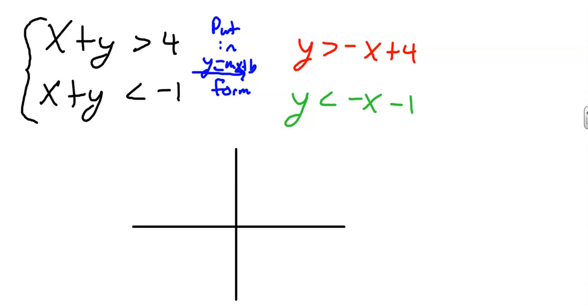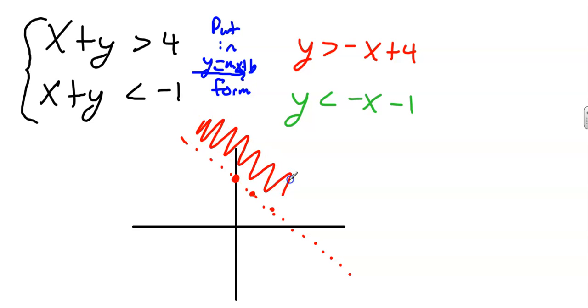Okay, so red line. We're starting at +4. Slope is -1, so we're going down 1 over 1. It's a dashed line. That would go something kind of like that. And this one is greater, so we're on the upside.